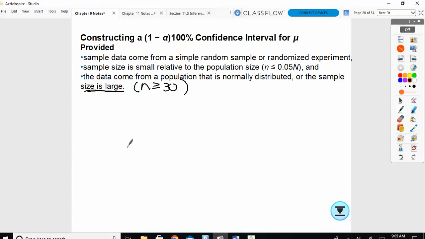So then the formula for this confidence interval is very similar to the formula for the p-hat confidence interval yesterday. If you look on your formula sheet under chapter 9, the first bullet is the confidence interval about p-hat. It was p-hat plus or minus a z times essentially the standard deviation for p-hat.